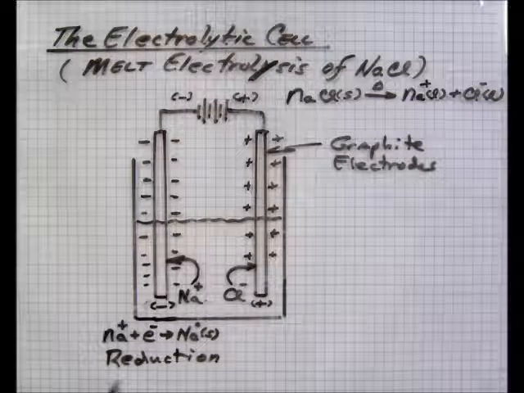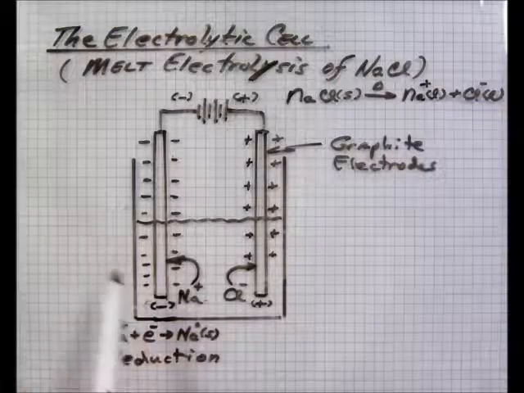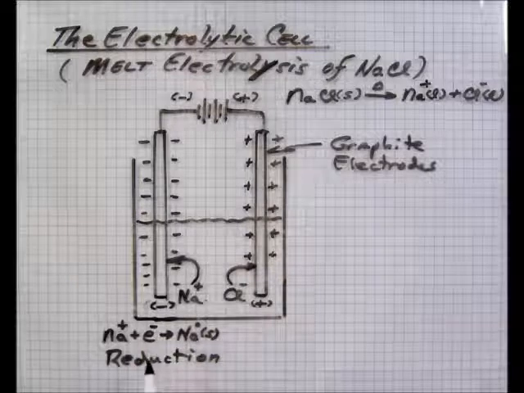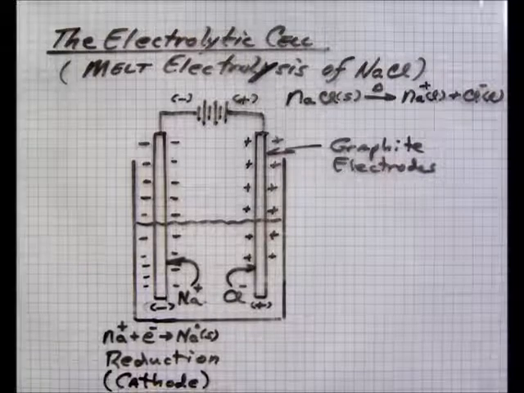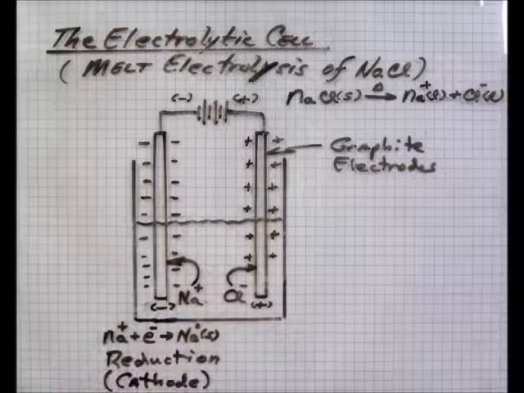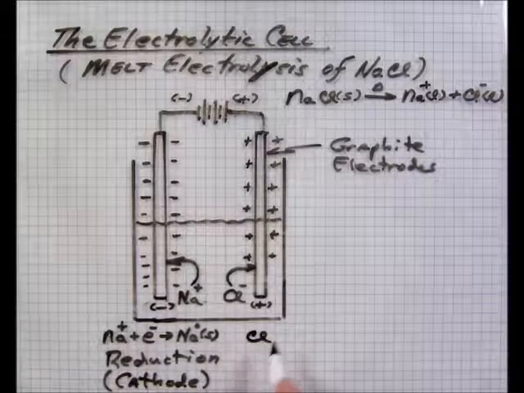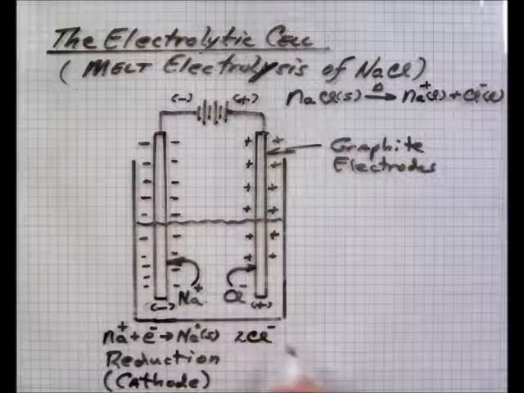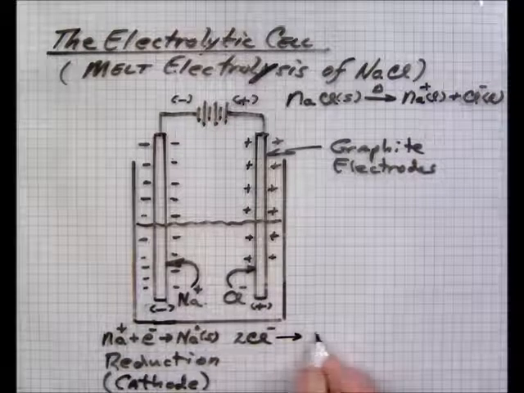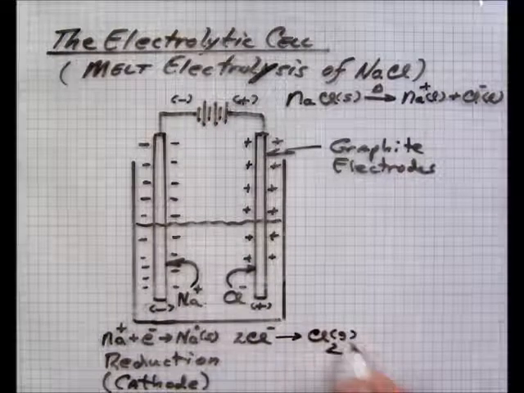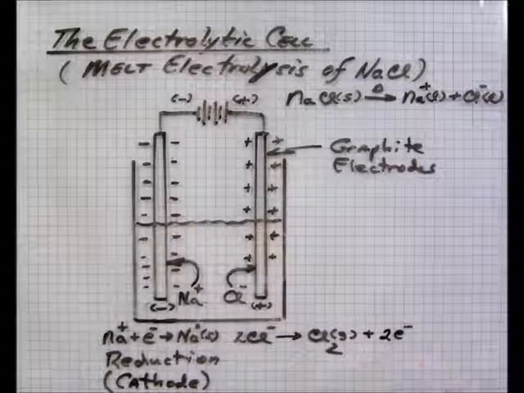Now, the chemistry defines what we call the electrode. So this electrode is defined as the cathode, a cathodic reduction of sodium. The other electrode is the oxidation of chlorides, and we'll need two of those in the melt, to go to chlorine in the gas phase plus a couple of electrons being given up.